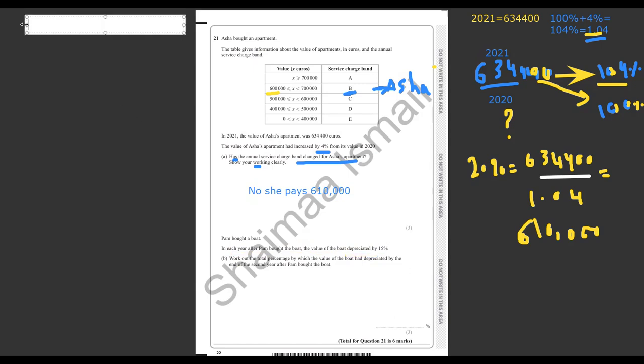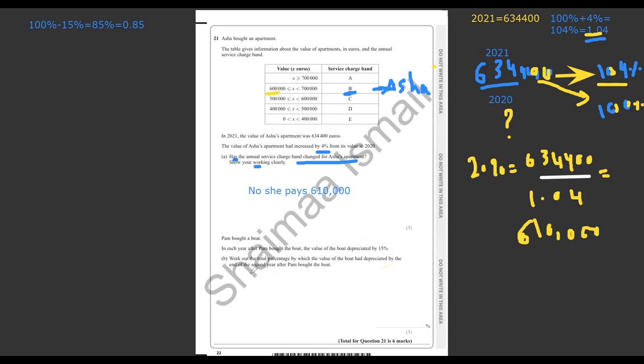Directly get the 100% minus the 15%, which gives us a total of 85%, and directly change it into 0.85. Write out the total percent by which the value of the boat has depreciated by the end of the second year.